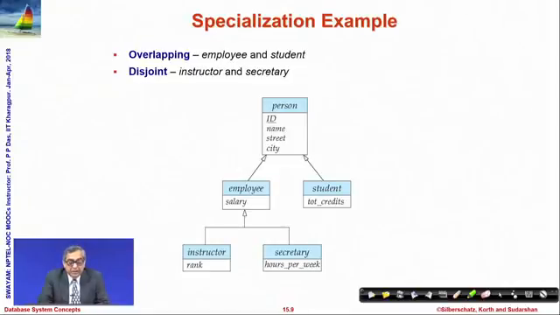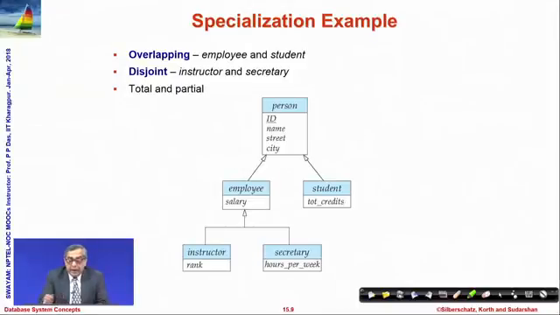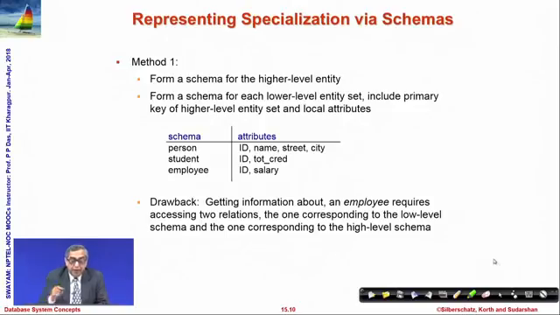So, this disjointness tells us that no instructor can be a secretary and no secretary can be an instructor, whereas overlapping specialized sets denote that an employee may or may not be a student, but it is possible that some employee is also a student and vice versa, and that is how we will represent this. And we will see that when we specialize, the specialized entities could be total or they could be partial. We will talk about that totality and partiality a little later.